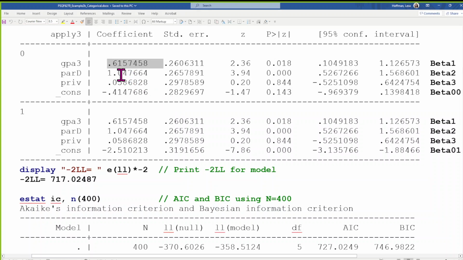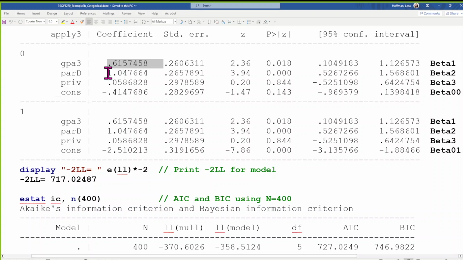0.6, we'll just put that in there. What does it mean? It's a slope. Start off with: for every, as GPA increases by 1 unit. Correct. The logit of being at or very likely to apply for grad school increases by that, because it's the same across both of them.